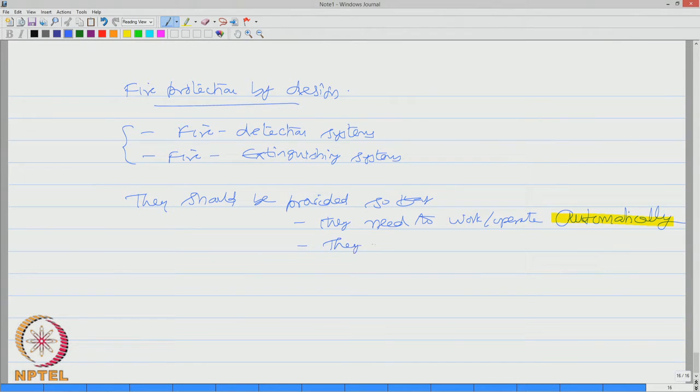They should be designed with a high degree of reliability.